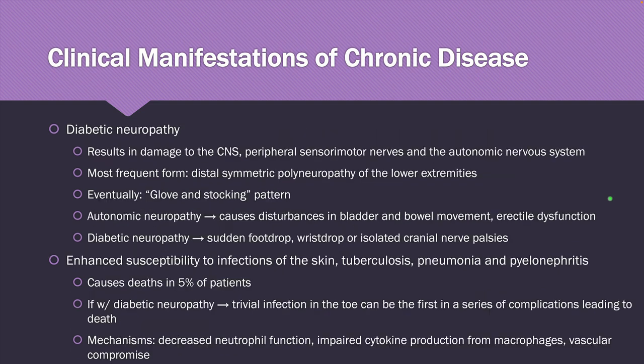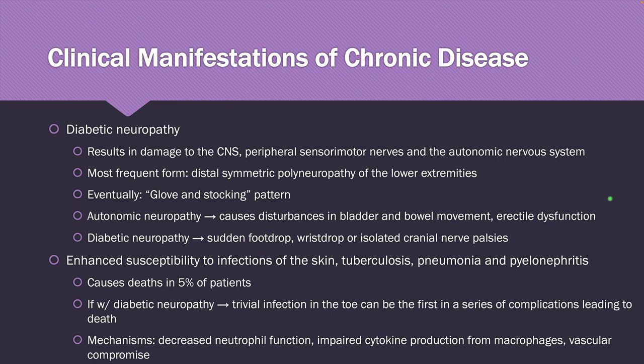Diabetic neuropathy results in damage to the CNS, peripheral sensory motor nerves, and the autonomic nervous system. We usually see this as a distal symmetric polyneuropathy of the lower extremities, but it can also affect the hands. Other things that may be involved would be the autonomic nervous system, which may cause disturbances in the bladder and bowel movement and erectile dysfunction.